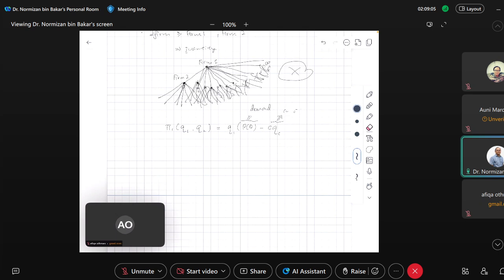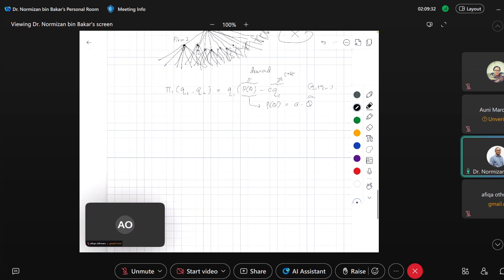So this PQ is the amount in the entire market, A minus Q, where this Q is actually Q1 plus Q2. You got it? Okay. So let's say C is a constant marginal cost.